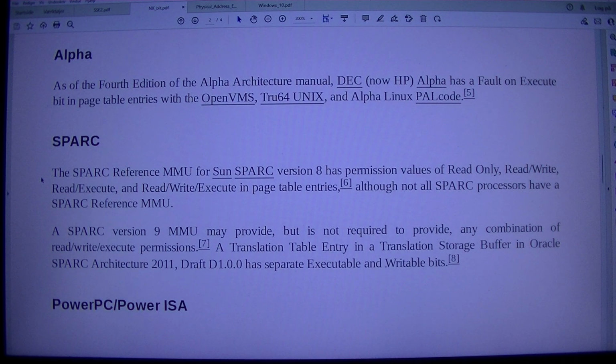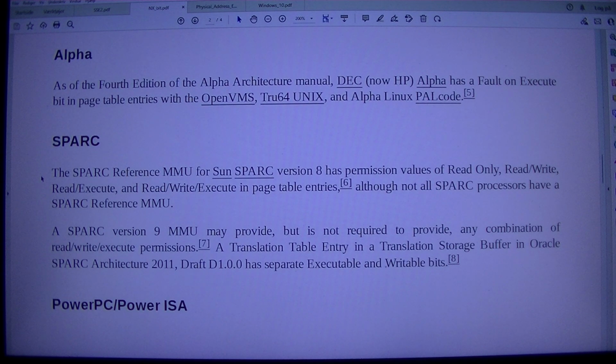A SPARC version 9 MMU may provide, but is not required to provide, any combination of read/write/execute permissions. A translation table entry in a translation storage buffer in Oracle SPARC Architecture 2011 Draft D1.0.0 has separate executable and writable bits.